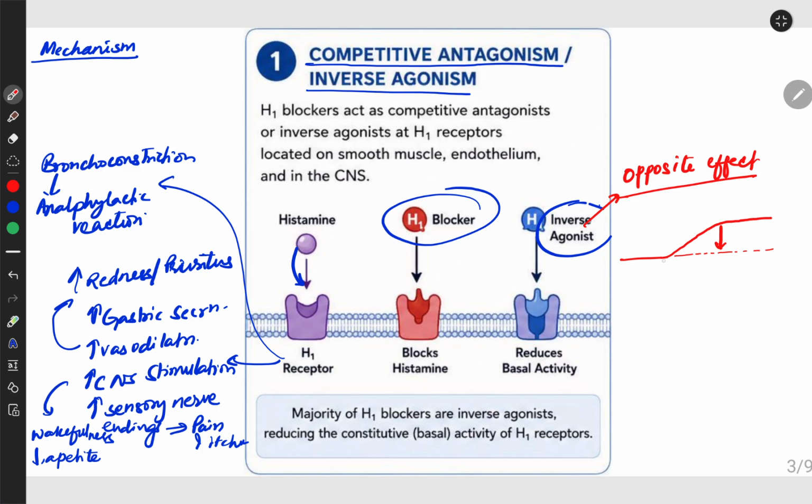But when you take an inverse agonist, you will find that even the baseline activity is reduced. So inverse agonists tend to reduce the basal activity of the indigenous histamine that is present in your body as well, thereby contributing to a more potent antihistaminic effect.